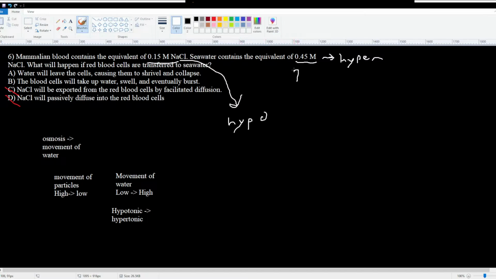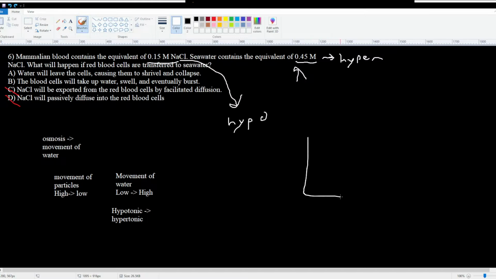Now, if the seawater had an equivalent of 0.1 NaCl, then the seawater would be hypotonic and the blood would be hyper. But since that's not the case, anyway, I just want to emphasize, right? It's always going to be relative. So in this case, the seawater is going to be hyper relative to hypo.